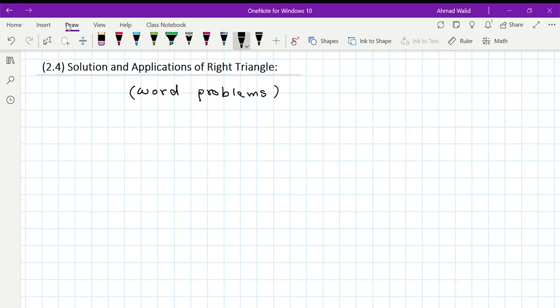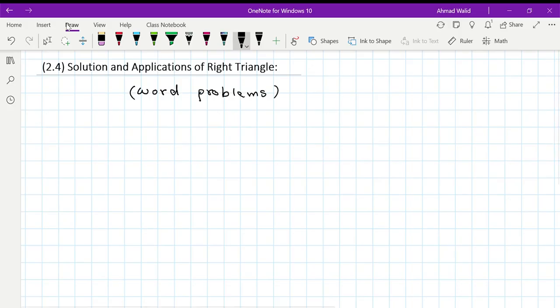It's just translating the problem from English wording to mathematical wording. The formulas that you already know, you apply to those problems and you can solve any application of right triangles in 2.4.